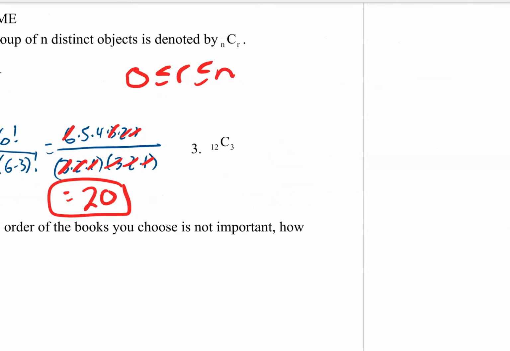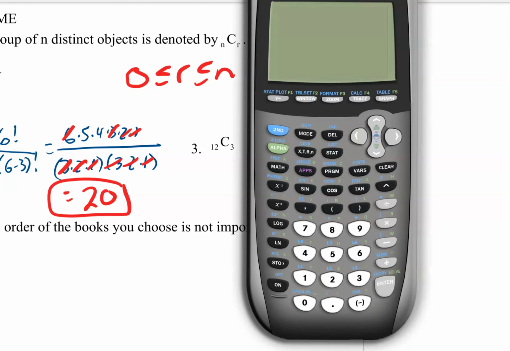So I bet you know that there's going to be a button we can use in our calculator. There is. Inside of our math button, under probability, we have NPR, which we used in the last lesson, and NCR, permutations versus combinations.